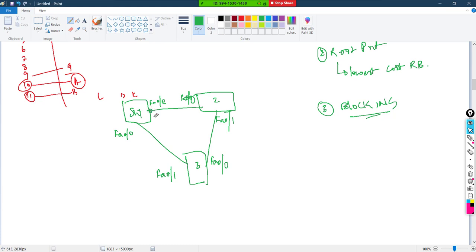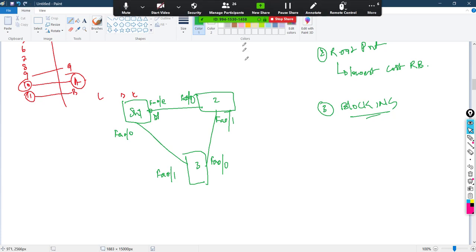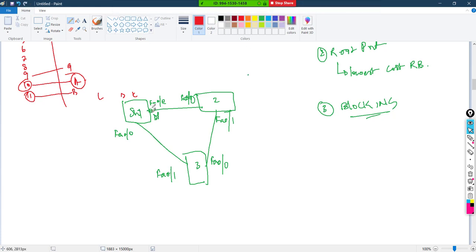This is a designated port, which is forwarding in nature. This is a root port, which is also forwarding in nature. Now we need to find whether this and this are designated or blocking.